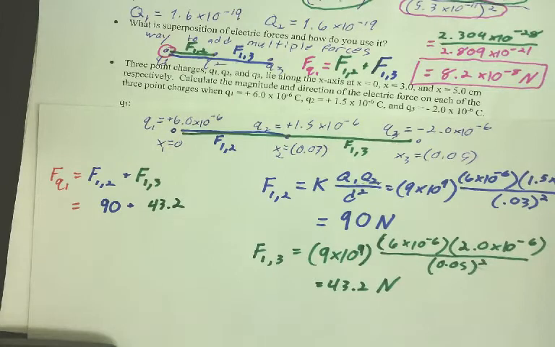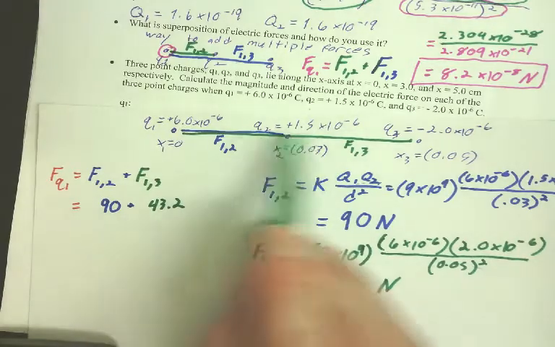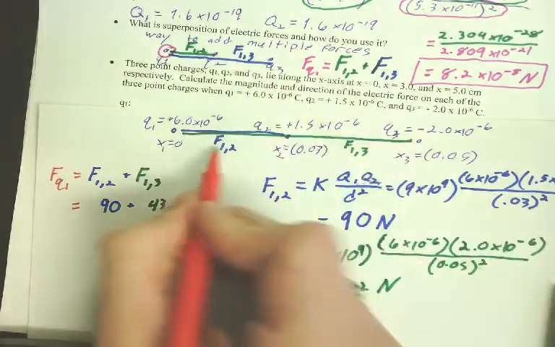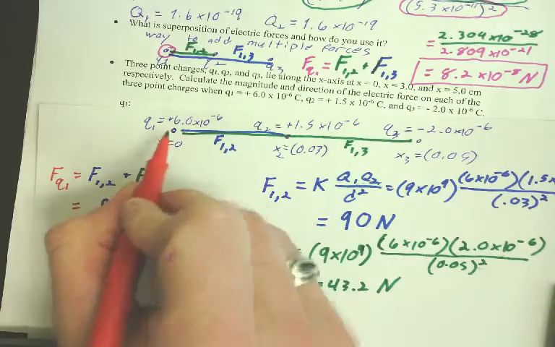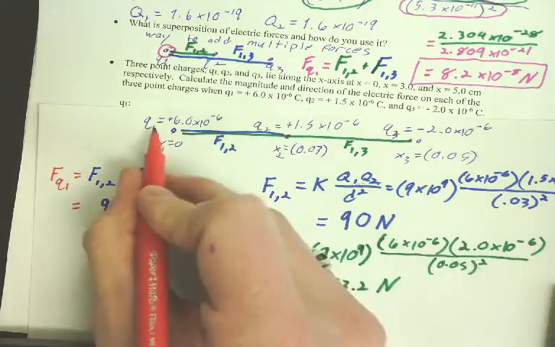Okay, we're almost done, kind of. Now, we've got to add these up. But here's the thing. Remember I said ignore the sign? You can't actually do that. So, we need to decide the direction based off of these charges. So how do I figure that out? I ask myself, what direction will 1 move because of 2? Well, 2 is positive, 1 is positive.